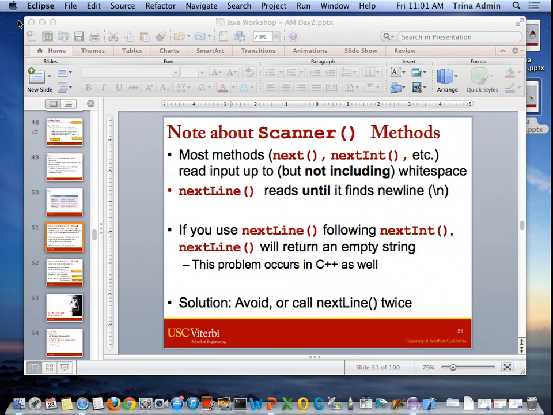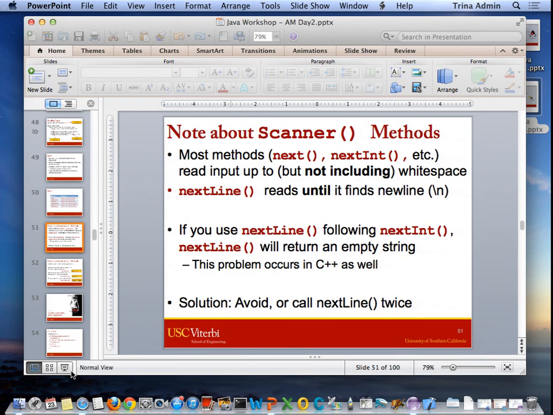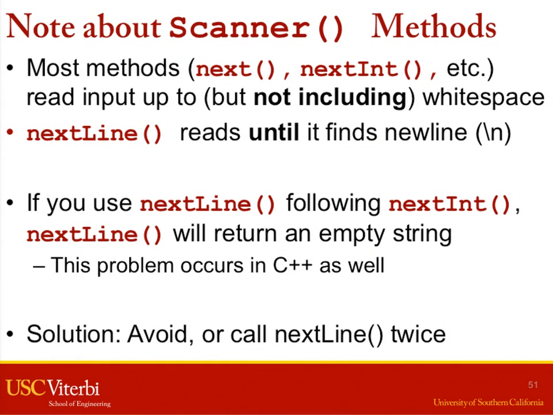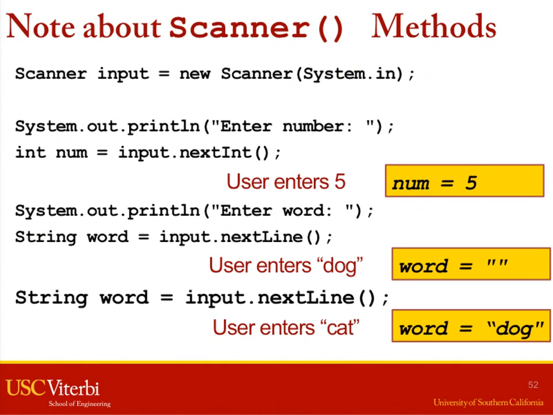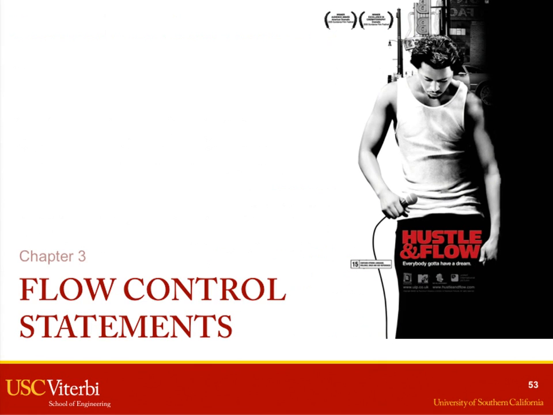You can also use just next, which gets just a word. So you could use next to get a whole bunch of words if you wanted to. Would it translate it as a string? So if you typed in a number, would it take it as a string? Yes, next means it's a string. Yes, absolutely.